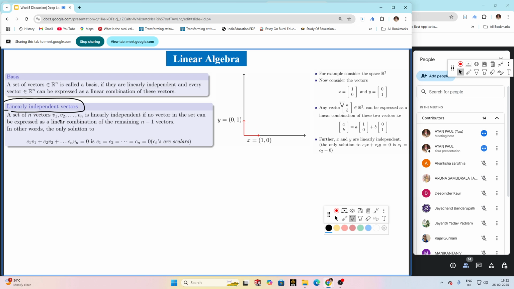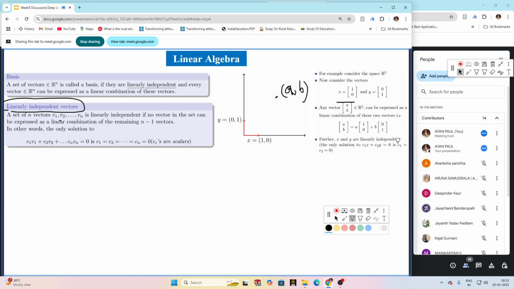So we have two bases. Now any point in this basis, like a comma b, can be expressed as a into the first basis, 1 comma 0, plus b into the 0 comma 1 basis.